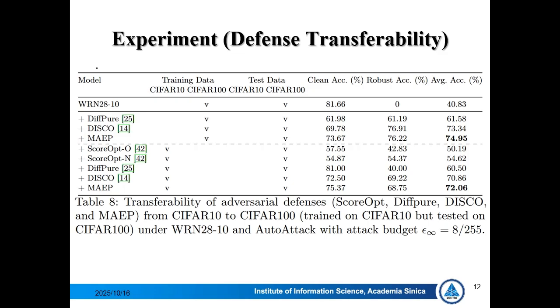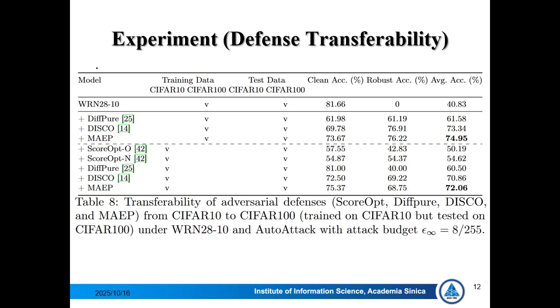Here are the main results on dataset transferability. As shown in this figure, our method demonstrates stronger transferability compared to diffusion-based purifiers. Specifically, even when MAP is trained on CIFAR-10 and evaluated on CIFAR-100, it still maintains an accuracy that is close to the model trained directly on CIFAR-100.